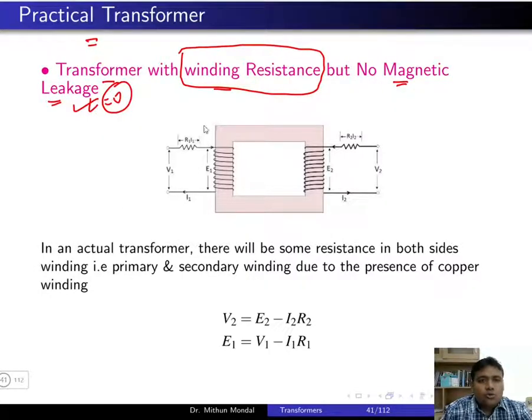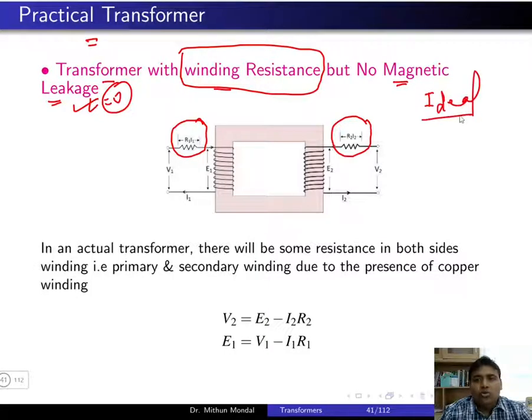So both on the primary side and the secondary side we have added a resistance due to the winding. In the ideal transformer, when there is no loss, you have V1 equal to E1 and E2 equal to V2. So this was the case when the transformer is ideal.